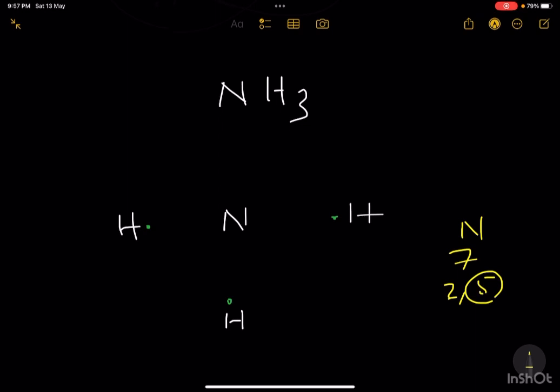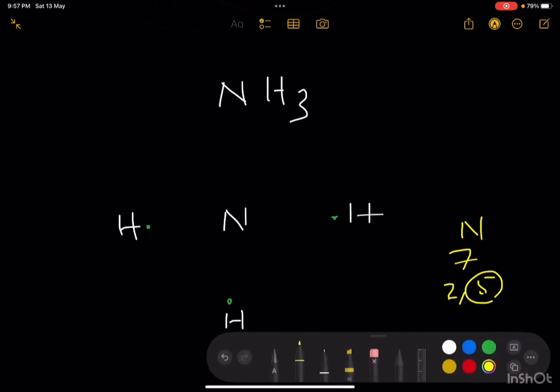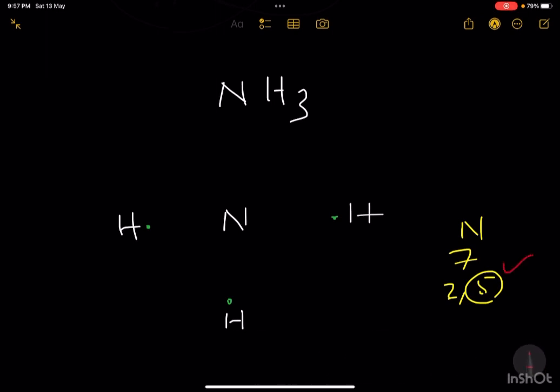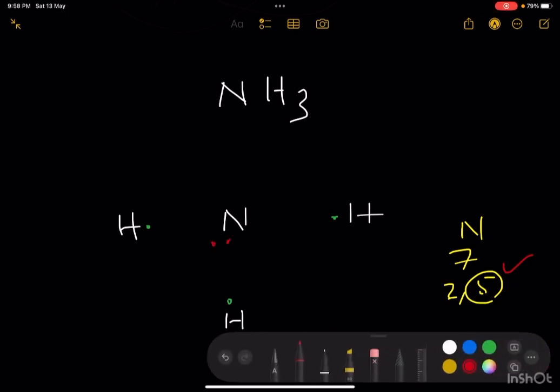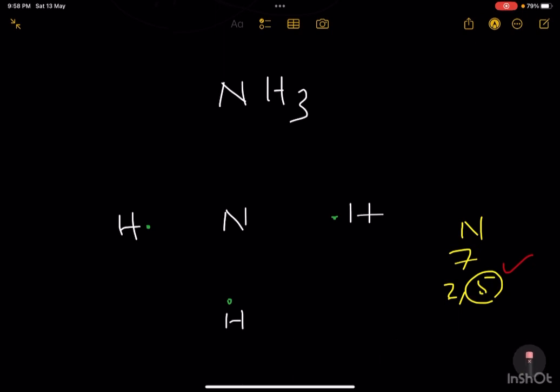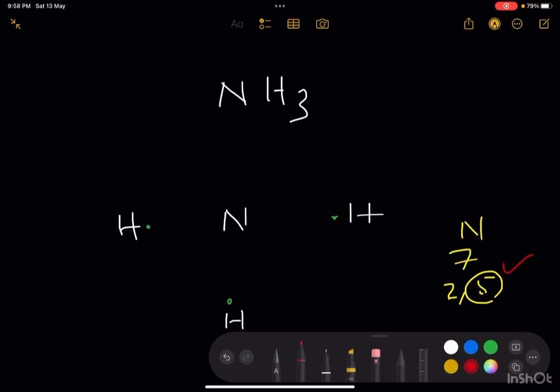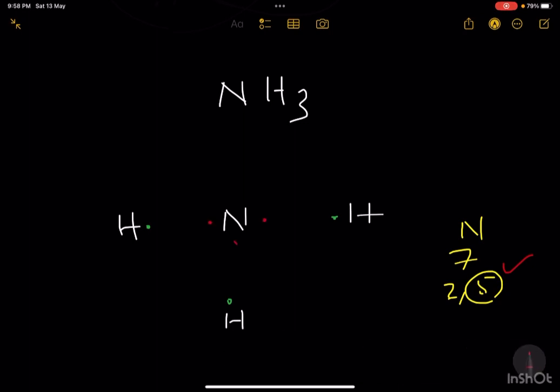So 5 means we have to put those 5 electrons as shown. You see, here 1 electron, here 1 electron, here 1 electron. Why 1 electron? Because this H has 1 electron, and this 1 electron will form a bond with this hydrogen atom, and this H has 1 electron, and it needs another 1 electron from this nitrogen.